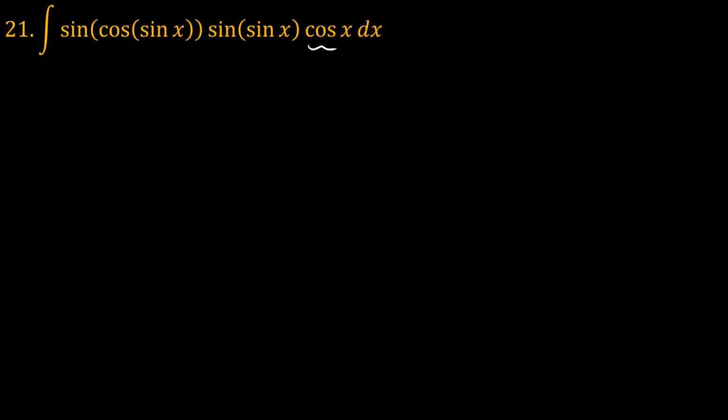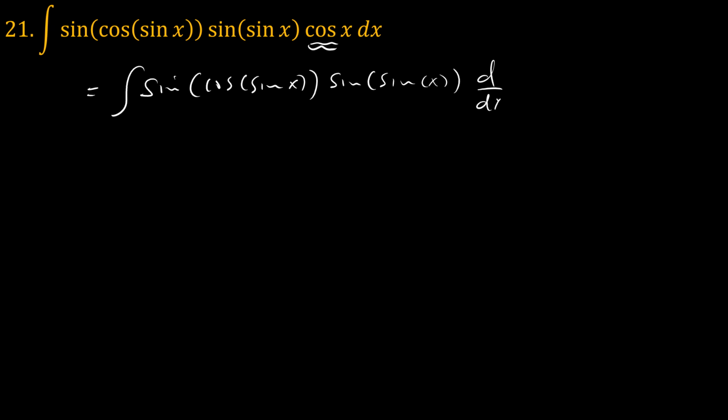So our problem becomes, this part here is a derivative of sine of x, so this is the same as sine of cosine of sine of x times sine of x times the derivative of sine of x.